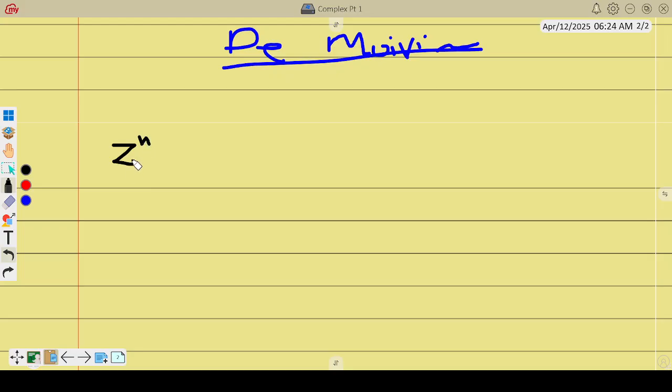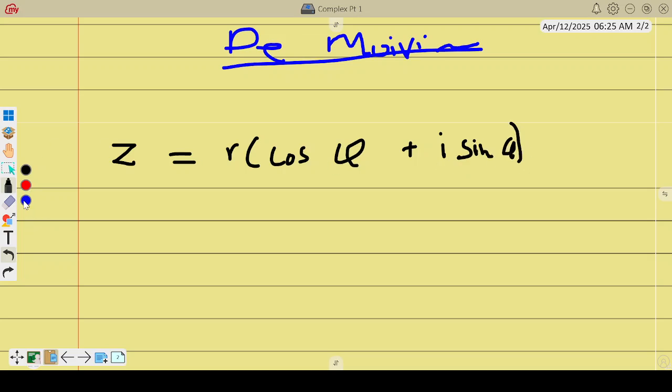So if we raise a complex number to a certain power, De Moivre was able to come up with a way in which you can do that easily. If we have z to the power n, remember z is equal to r(cos theta plus i sine theta).